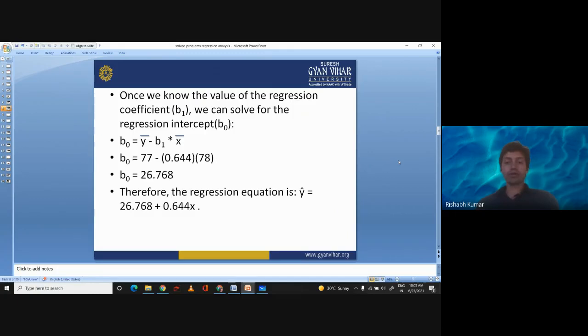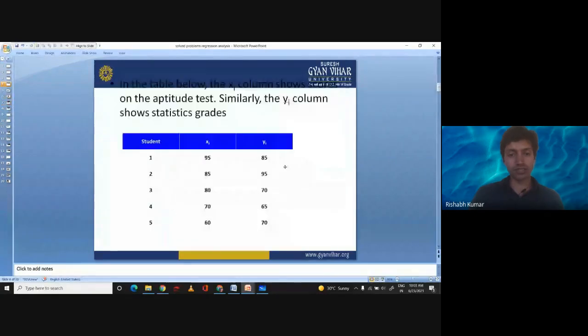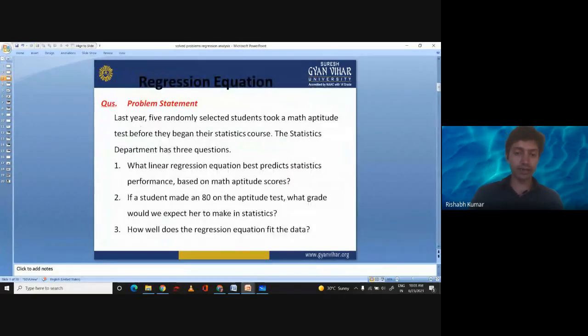So now, because you have the equation for your regression line, you can make predictions. As I have just said, to make a prediction you first have to find out the model, the equation of the line of regression. Now the question is asking us: if a student is getting 80 marks in the aptitude test, that is, if x is 80, what would be her marks in the statistics exam?